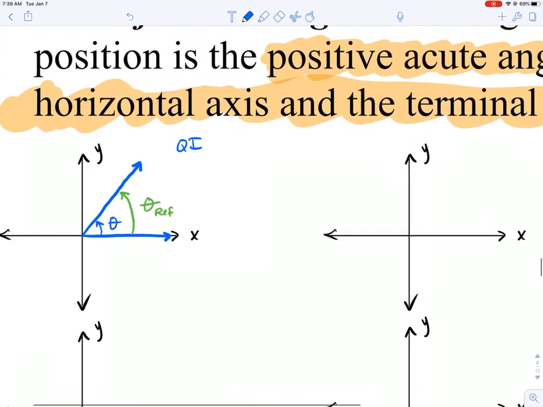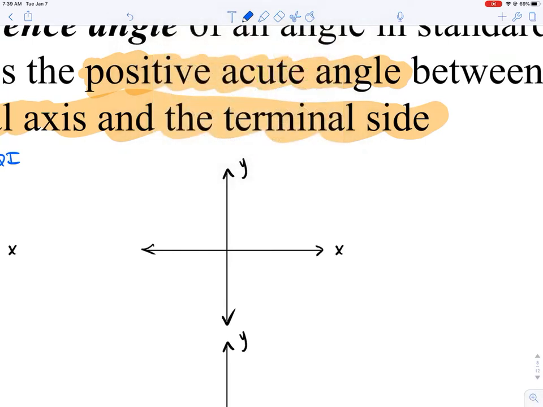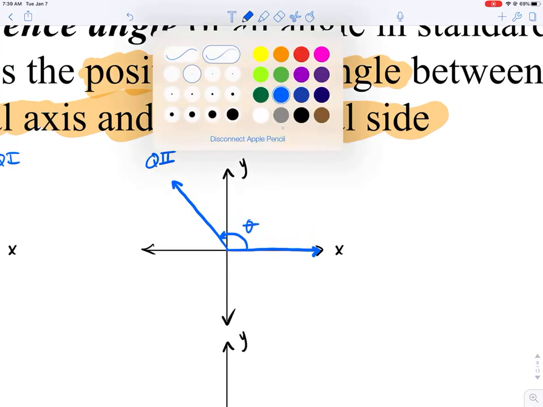Okay. In quadrant 2, if we have an angle that terminates in quadrant 2, so we draw an angle that terminates in quadrant 2. Okay, there's our angle theta in standard position.